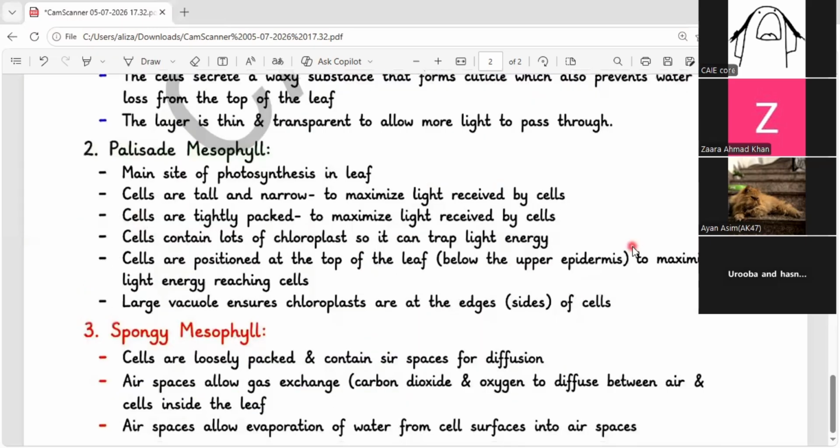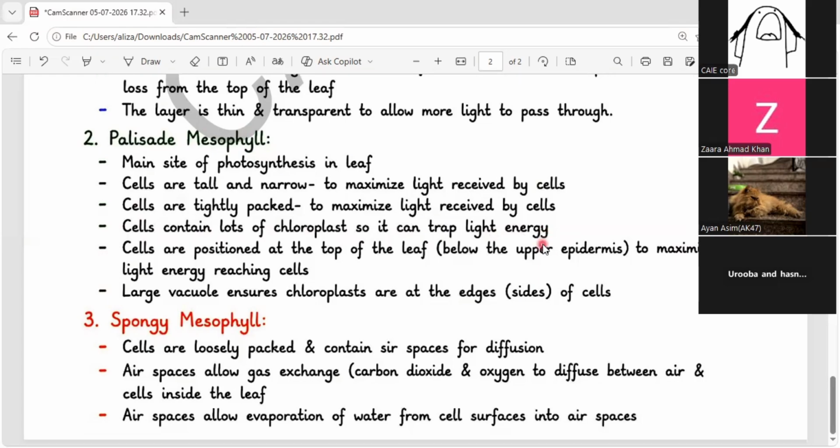Then, the cells contain lots of chloroplasts so they can trap light energy. They contain lots and lots of chloroplasts so that they can trap light energy and convert it into chemical energy, which is needed to make glucose.